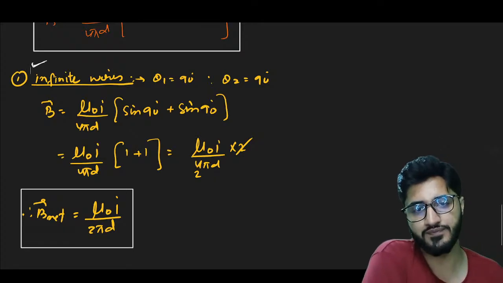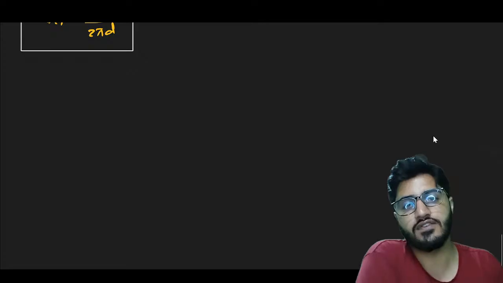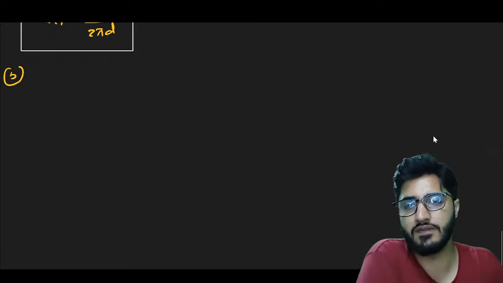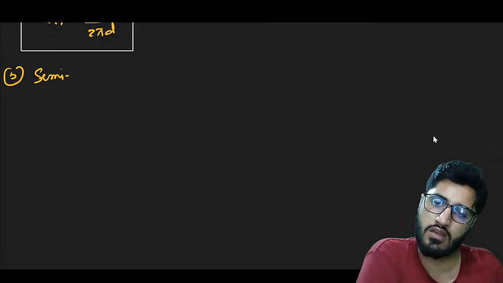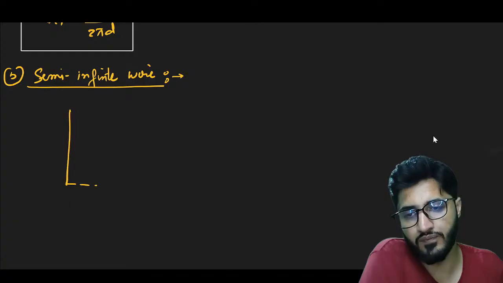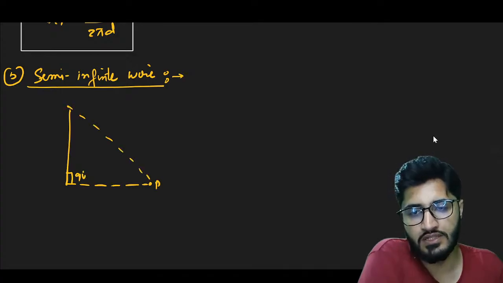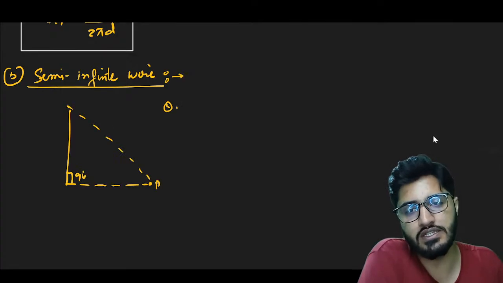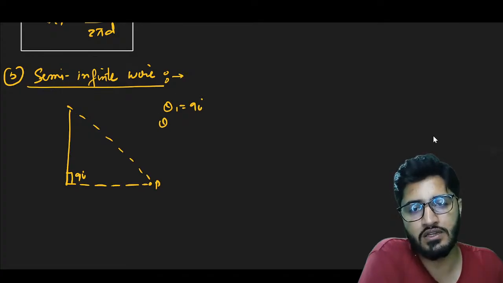Now the next case, if you have a semi-infinite wire. Semi-infinite means simply like this. Look, point P, 90 degrees. Semi-infinite means you can see theta 1 is 90 degrees, theta 2 is 0 degrees. So what is B net now?